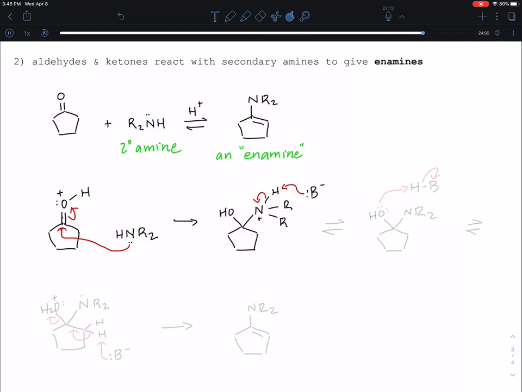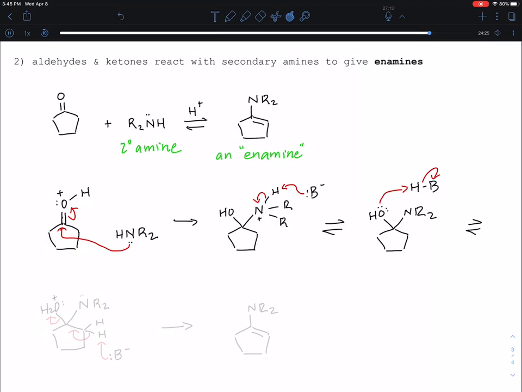Same old thing is happening again, right? We'll make our acid back again, HB. And we're going to protonate the hydroxyl group to make a water.